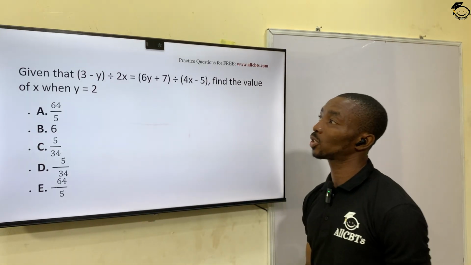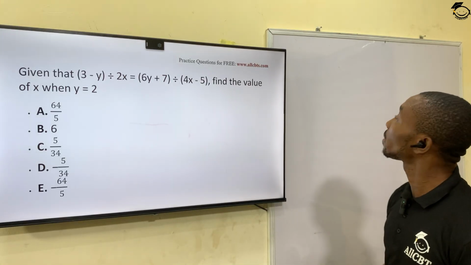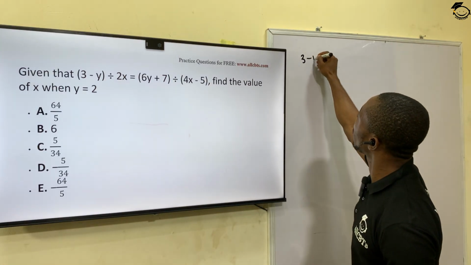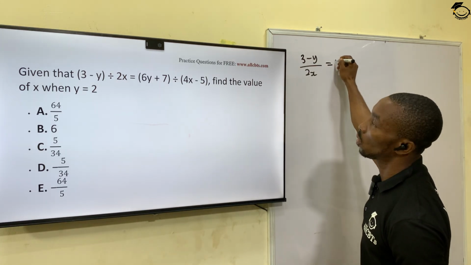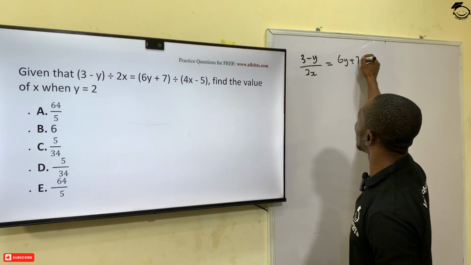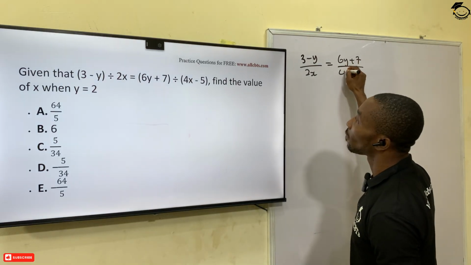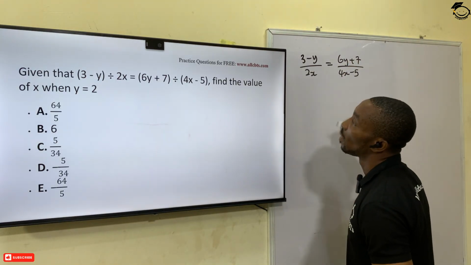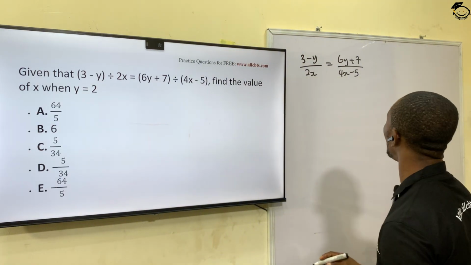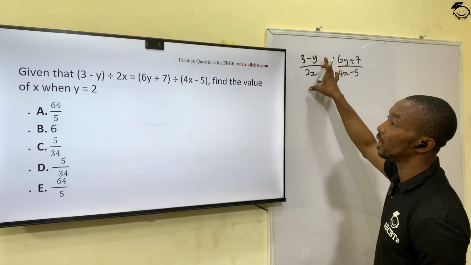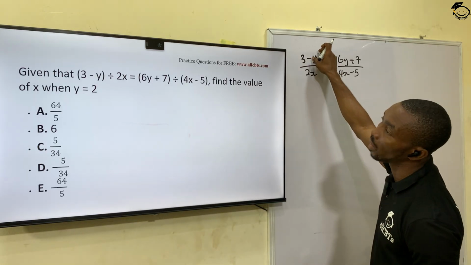All right, our next question says, given that 3 minus y divided by 2x equals 6y plus 7 divided by 4x minus 5, find the value of x when y is 2. Now we substitute directly for the value of y, which is 2.